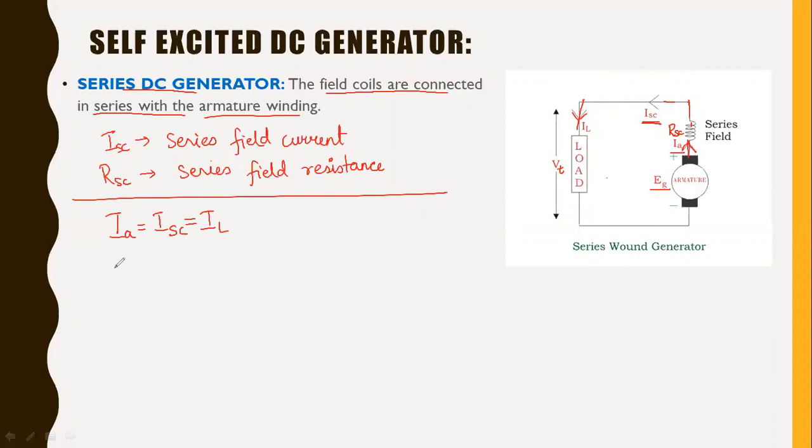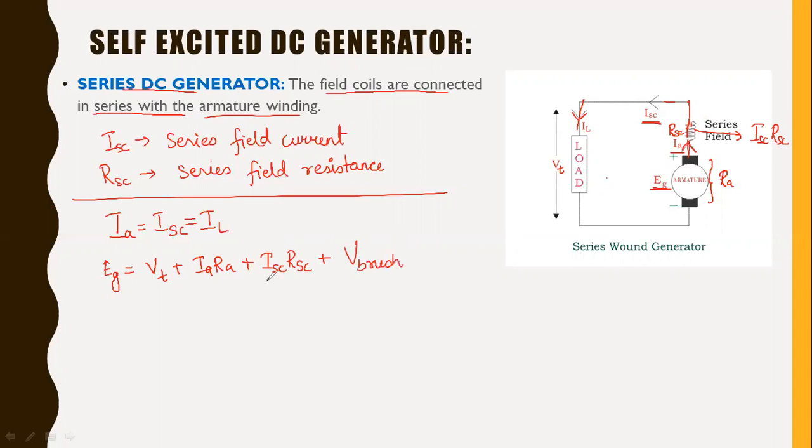Now coming to the voltage, EG equals the terminal voltage VT, plus it has to take care of the armature drop, IA into RA, plus the drop in the series field winding when current passes through it, ISC into RSC, plus V brush drop.